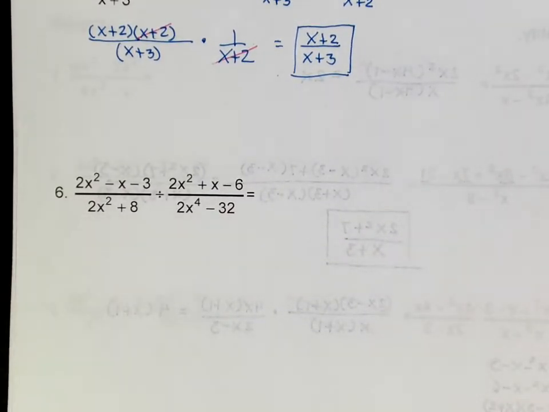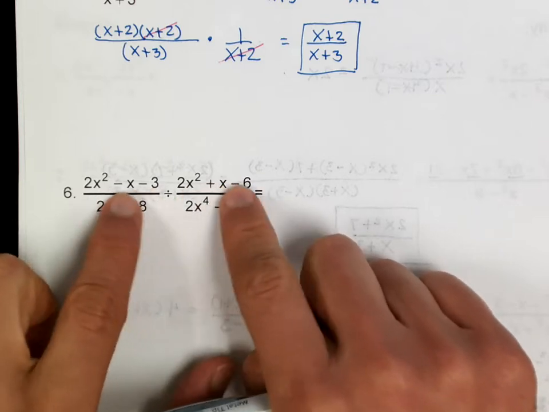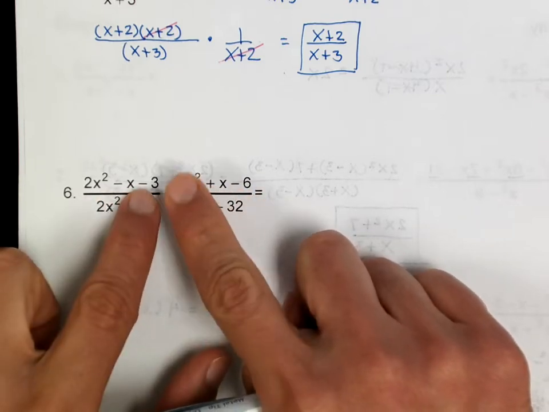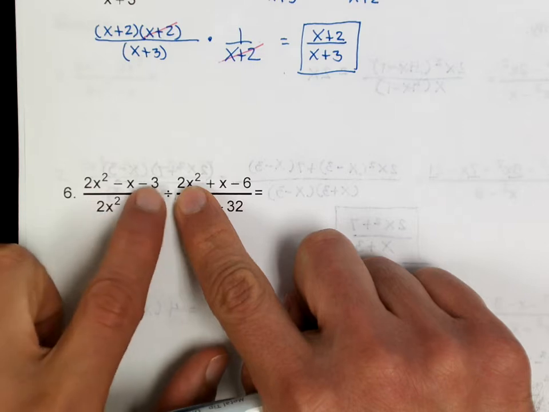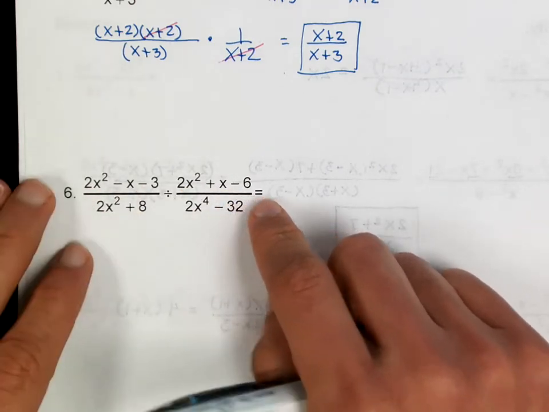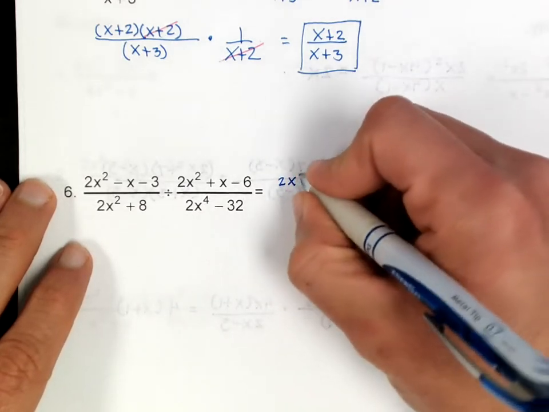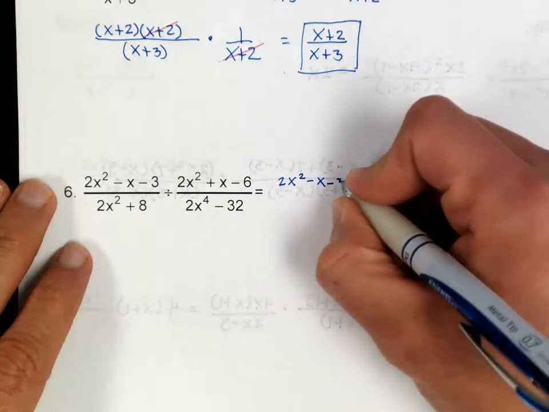On number 6, we're going to go ahead and factor this. Now we have two functions here that you can use bottoms up to factor. I'm not going to, but if you have to, please do it. So before I even begin, I'm going to go ahead and keep this one the same.